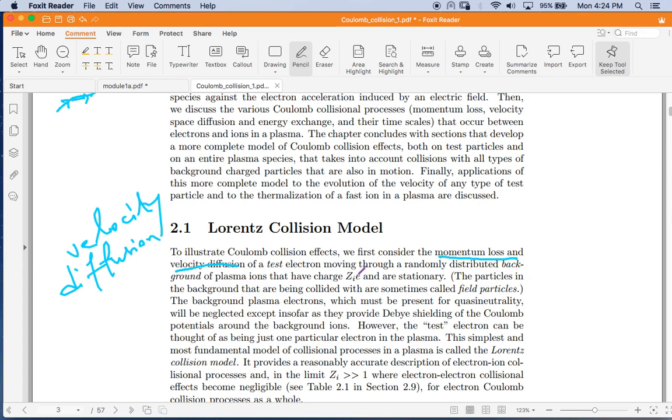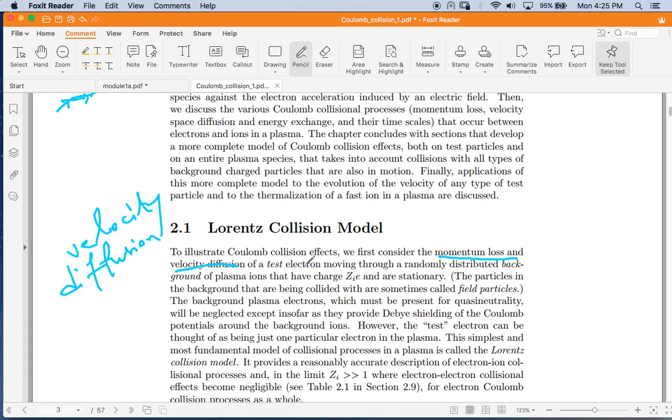They're just sitting there. The background plasma electrons are the ones which ensure quasi-neutrality, but they will be neglected except insofar as they provide Debye shielding of the Coulomb potential.